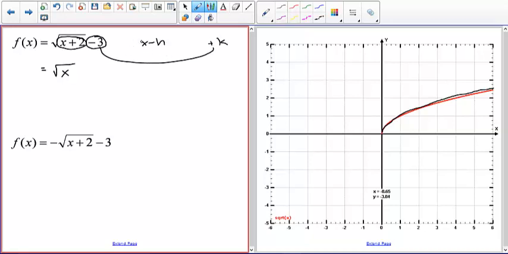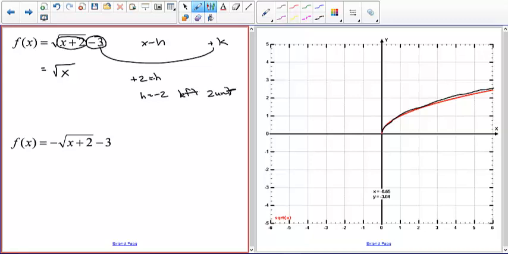So there's some argument, it could be parentheses, it could be square root. So plus 2 is negative h, or h equals negative 2. That means this is going to be shifted 2 units to the left. So that's 2 units to the left.